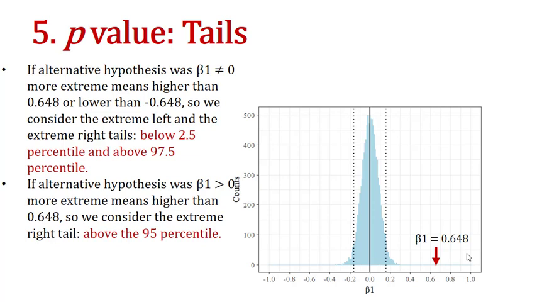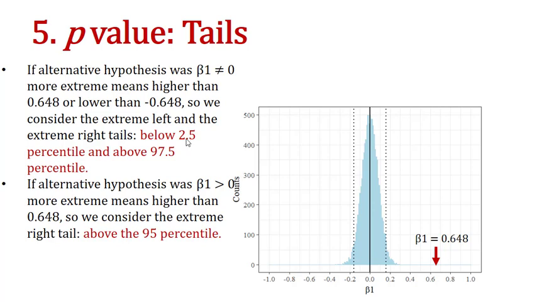Now if the alternative hypothesis was that it would be higher than 0, so it was a directional hypothesis, then we don't look at this tail. We look only at this tail.